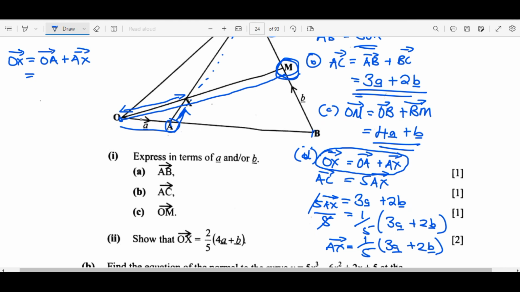So OX is equal to OA. If we know what OA is, we substitute, and then AX, this, we pick everything, so we would say plus 1 over 5, and then open bracket, 3a plus 2b. So we close.